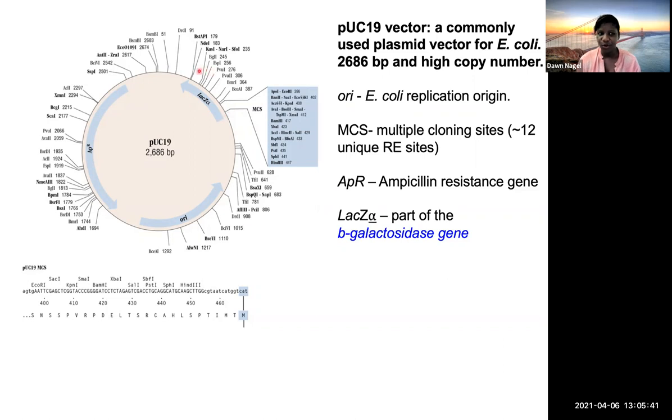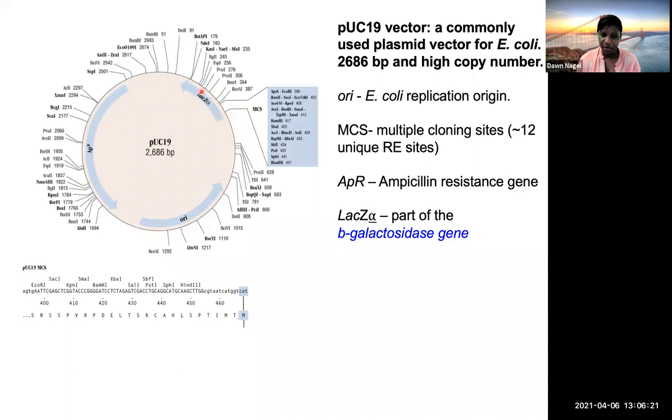Because the multiple cloning site where you're going to put your piece of DNA is located within this screening marker, if you disrupt it by putting a piece of DNA here, you would disrupt the function of that gene, right? We'll talk more about this in a minute, but just get the general sense: you have a gene and you put something in that gene, you will disrupt its normal function.